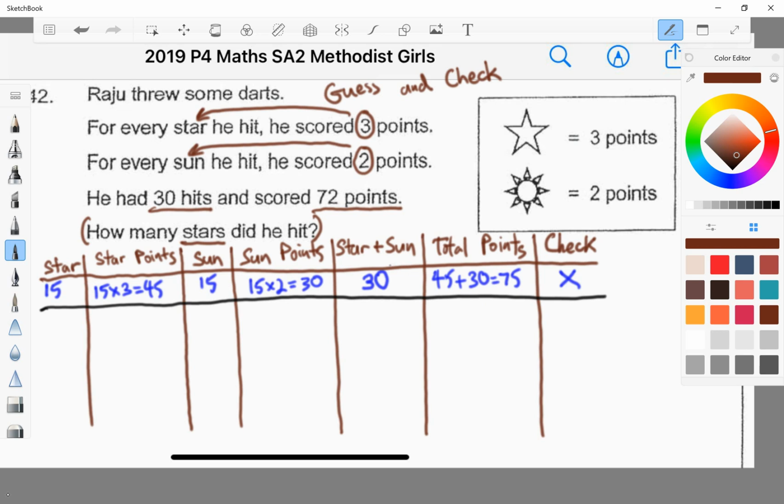And as of now, when I have 15 stars and 15 suns, the total points is 75, which is more than our target, more than our goal. This means that I got to reduce my stars and I got to increase my suns, because suns will earn me lesser points, whereas stars will earn me more points. So definitely I will want to increase my sun by 1. Okay, I can try to do it by 1.